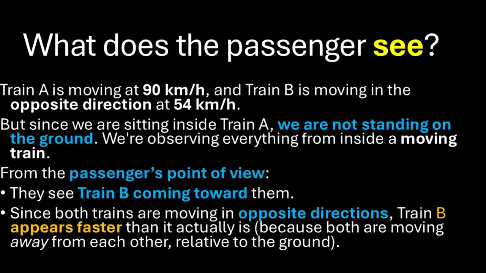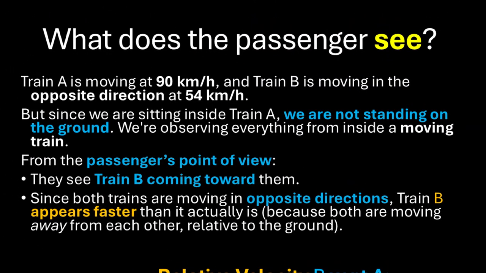Now let's see, what is the passenger observing? This is just an extension of what we discussed so far. Train A is moving at 90 km per hour and train B is moving in the opposite direction at 54 km per hour. But since the observer is sitting inside train A, the observer is not standing on the ground.